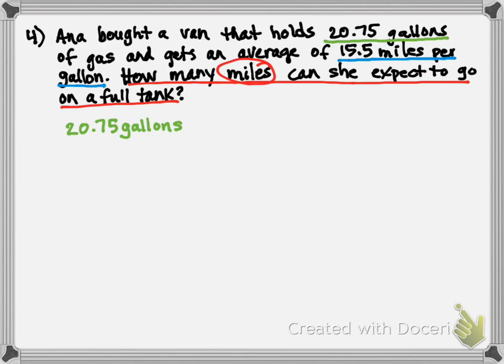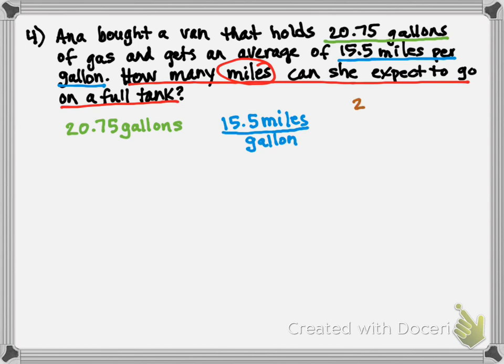So I've got these two values. I've got the 20.75 gallons. That's the amount of gas that she purchased that fills up her tank. And she's got 15.5 miles she gets per gallon. Per is a fancy way of saying divide by gallon. Now, as a reminder, I'm going to show you something that's kind of interesting.